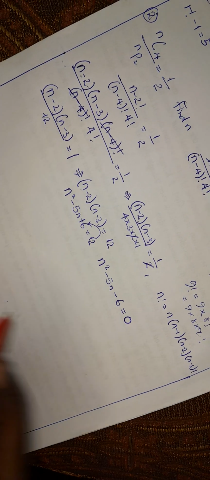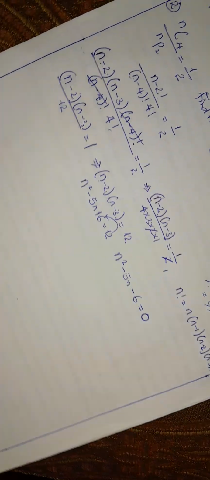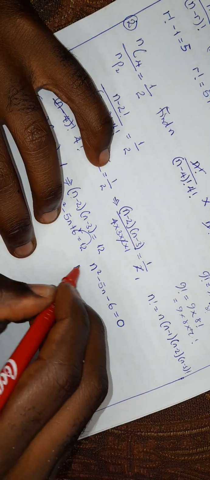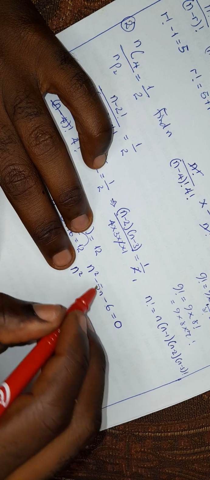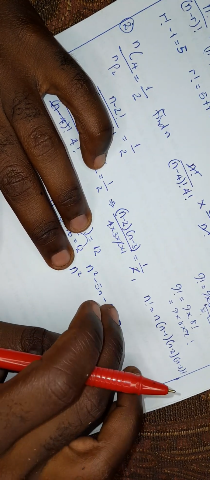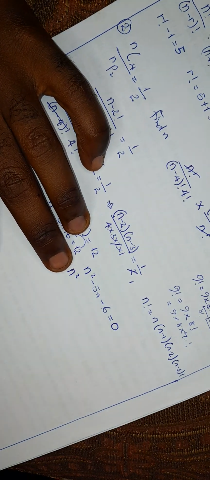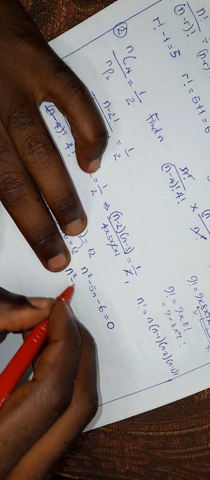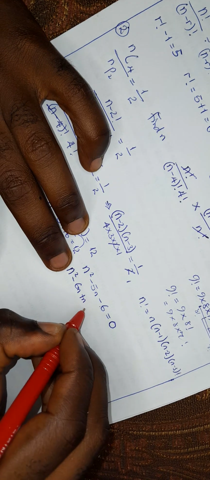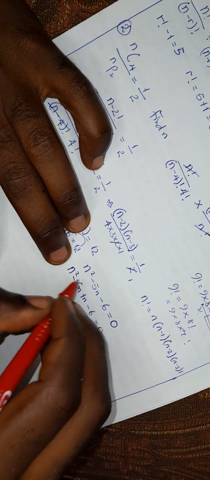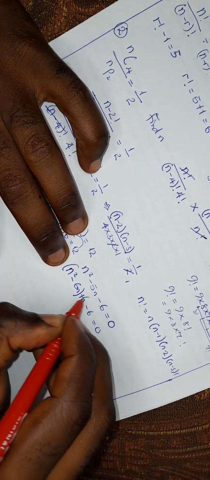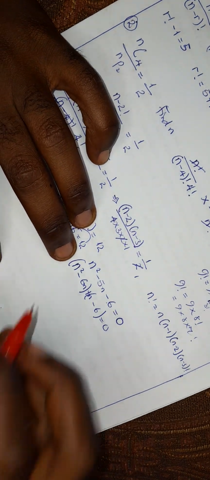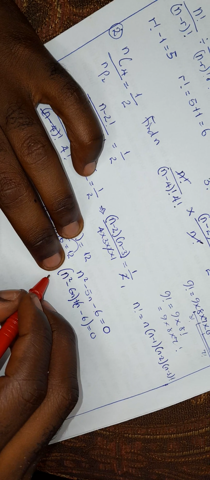Alright, so I'll be using the factorization method. I'm having minus 6 here. So it means n squared, and the factors of minus 6 whose sum gives minus 5 are minus 6 and 1. And minus 6 plus 1 is negative 5. So I'll be using n squared minus 6n plus n minus 6 equals 0. If you don't understand this step, just leave your question at the comment side below.